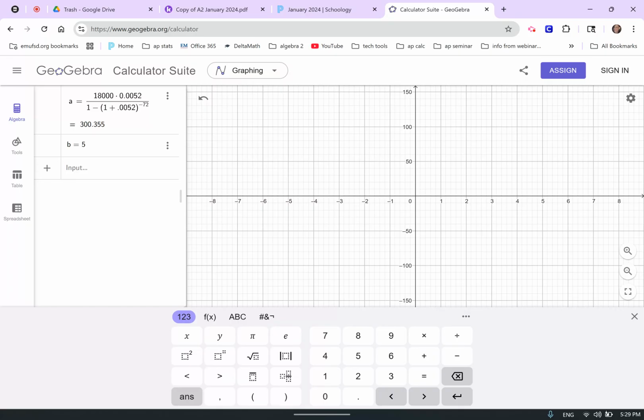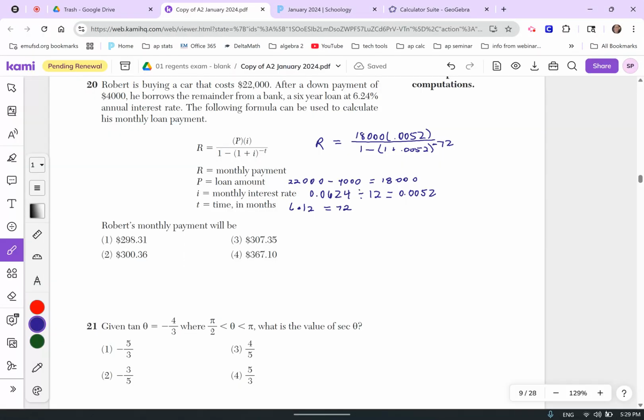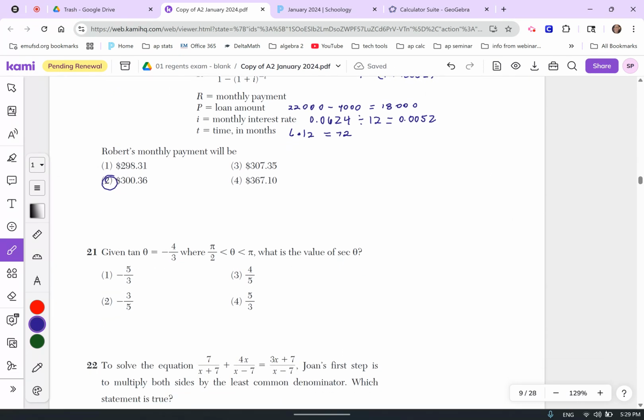I did the same thing in the denominator, and that's how I got it to look like the formula. When I did that, I ended up with a monthly payment of $300.36, which is choice 2. So just be really careful when entering it in.